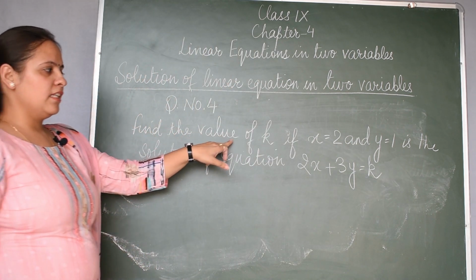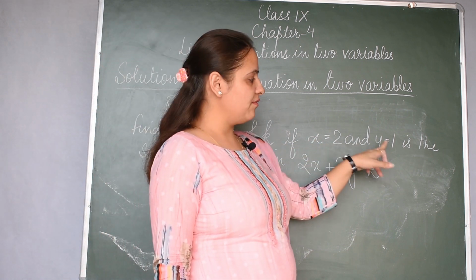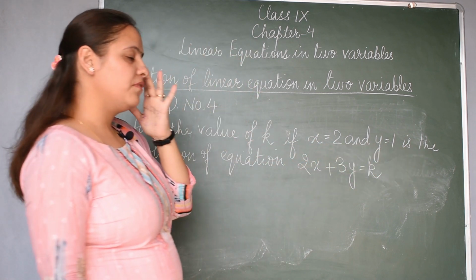You need to find the value of k if x is equal to 2 and y is equal to 1 is the solution of this equation.